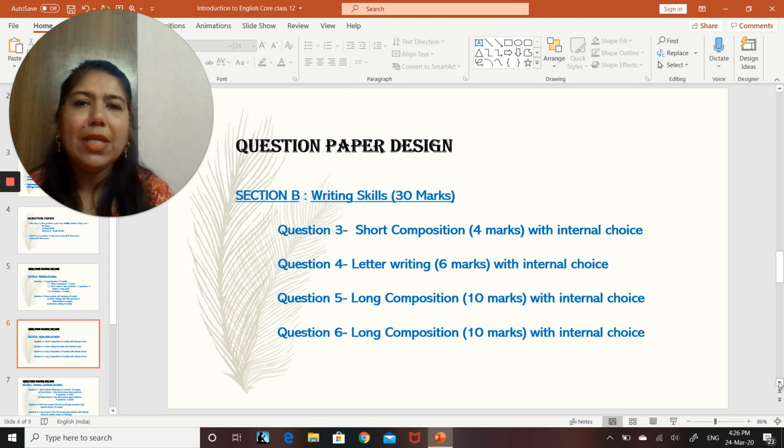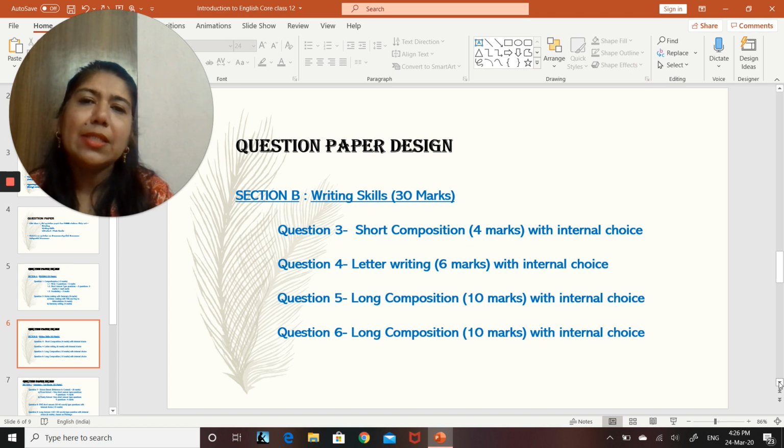Short composition means you will have either the notice or advertisement or poster, invitations, be it formal or informal, or the replies. Each question in this short composition has a word limit of 50 words only. Mind it, 50 words for short composition. Internal choice is given in this question, and this question carries 4 marks.